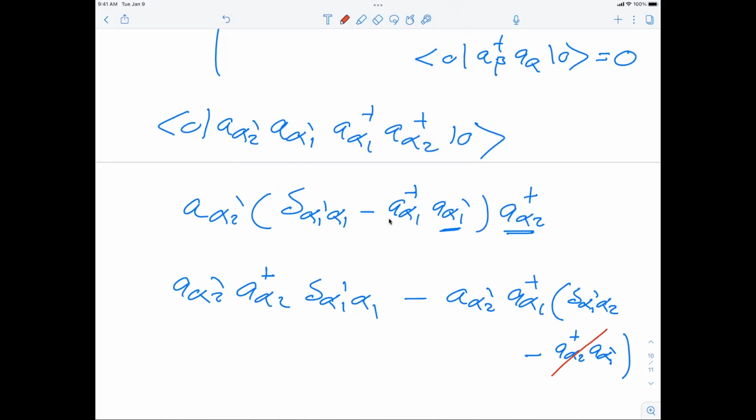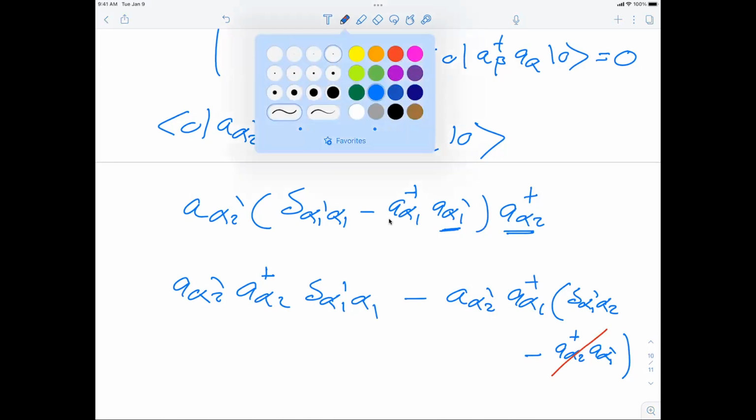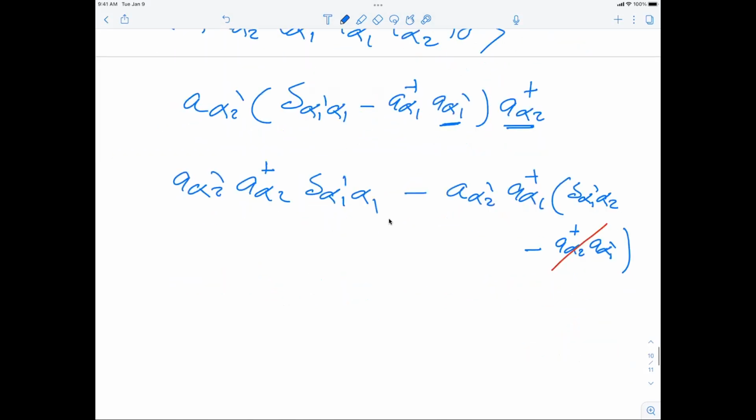Now, if I look at the first term which I have, let's go back to that one. So let's rewrite a little bit now. I'm going to take the A alpha 2 prime with A alpha 2 dagger here, and I'm going to anti-commute that one. So that's going to give me a delta alpha 2 prime, alpha 2 here, minus an A alpha 2 dagger, A alpha 2 prime.